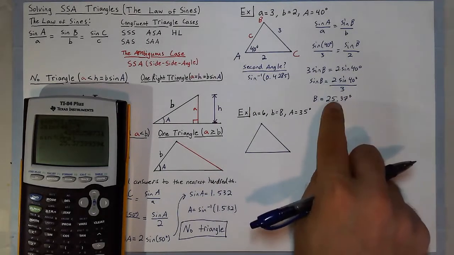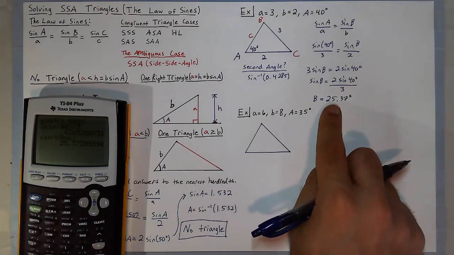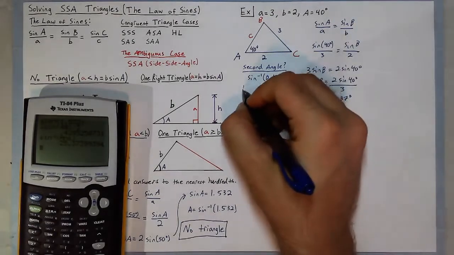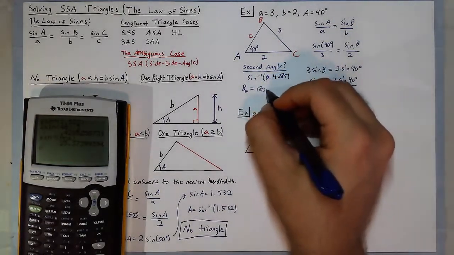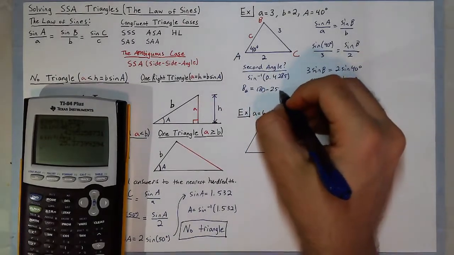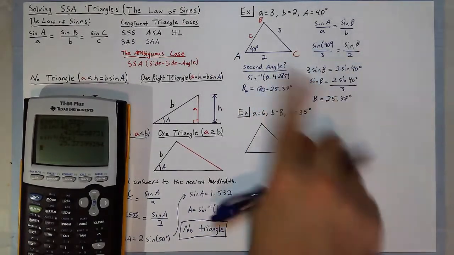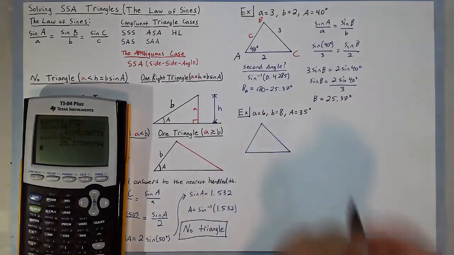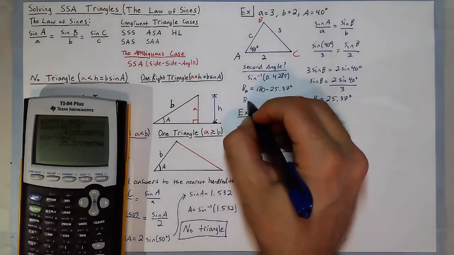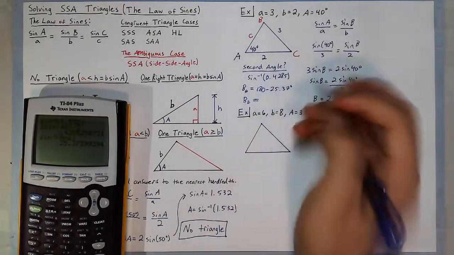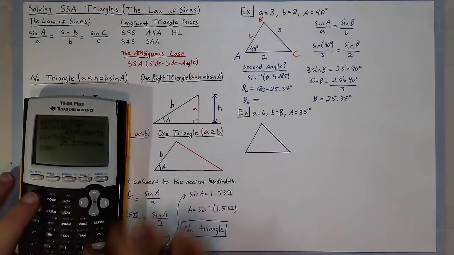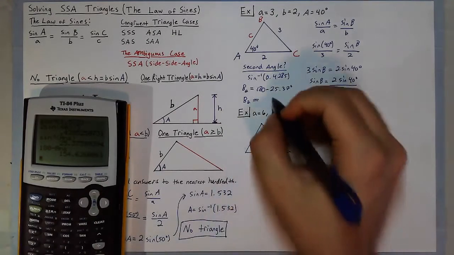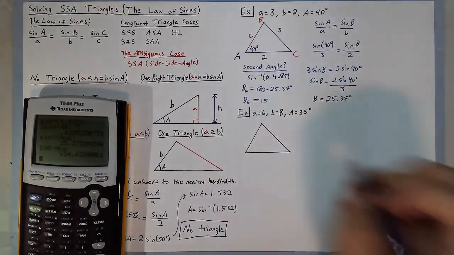So the other possible angle, and I'll call this B2, would be 180 minus 25.37 to find the angle that's in the second quadrant, which gives me B2 to be 180 minus that angle, 154.63.